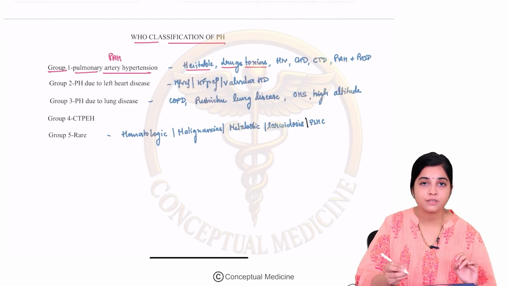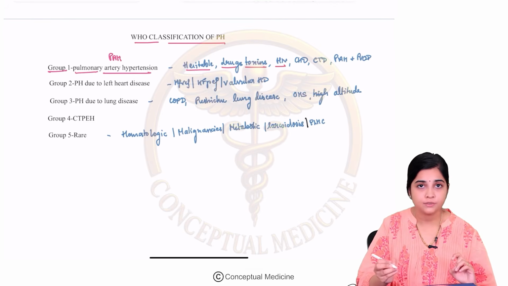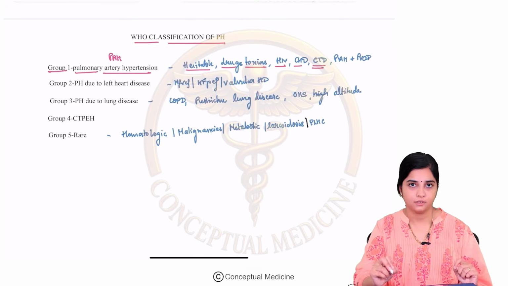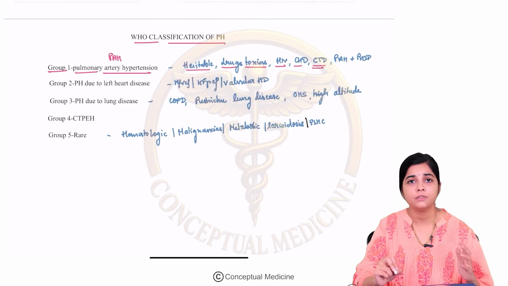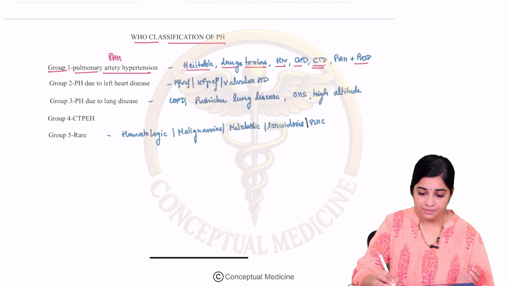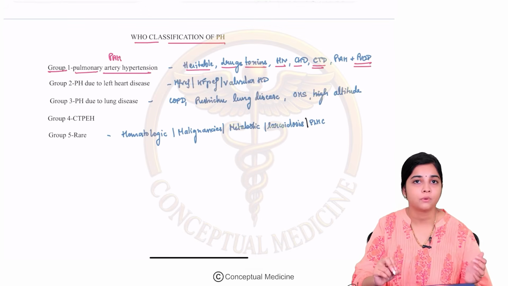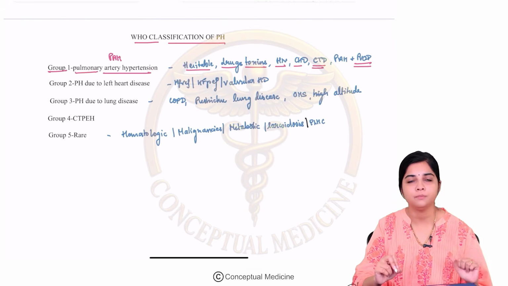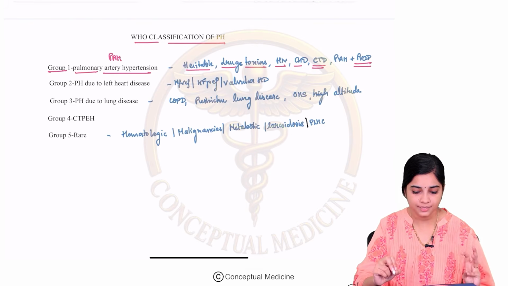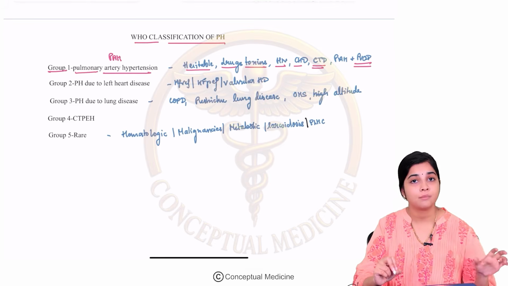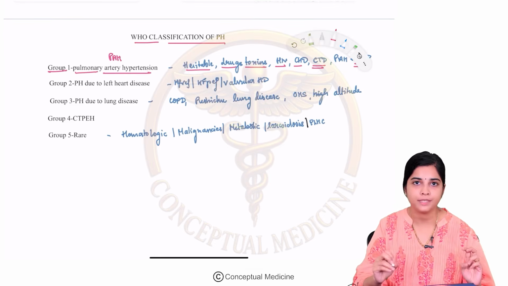Then drug or toxin mediated PAH, HIV associated pulmonary hypertension, CKD associated pulmonary hypertension, then connective tissue disorders, including scleroderma associated pulmonary hypertension, then pulmonary veno-occlusive disease or PVOD in association with pulmonary artery hypertension are all part of group 1 PAH. So remember, heritable, drugs, toxin, HIV associated and connective tissue associated are among the common causes that we see in group 1 PAH.